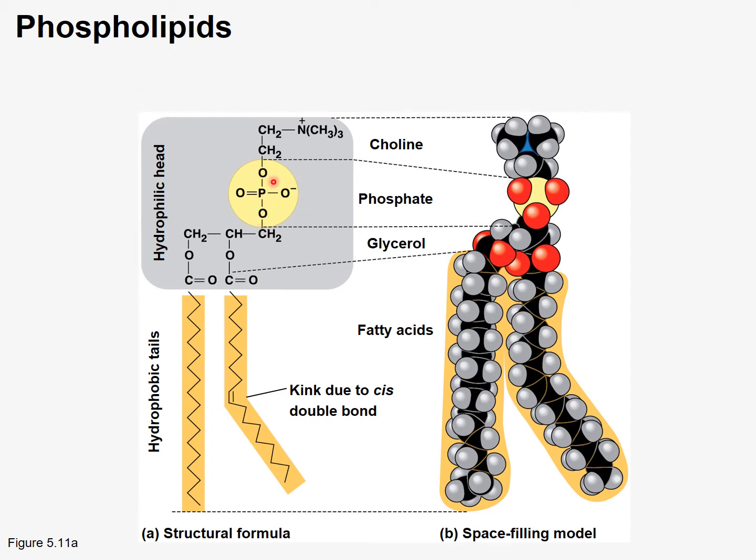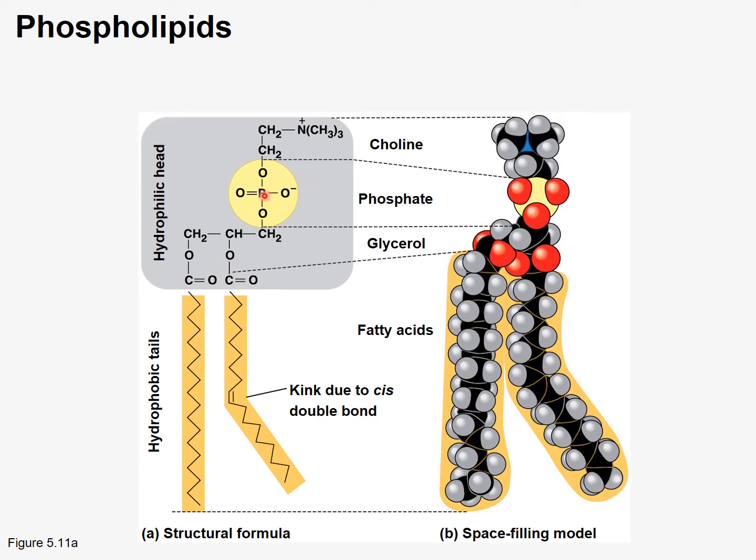So it has a phosphate and then another very large complex functional group which is typically charged or at least hydrophilic. Here we have choline, and this is positively charged because of the positively charged nitrogen. We can see that this is the hydrophilic portion. We have glycerol with the oxygens and the ester bonds, so this is hydrophilic as well.